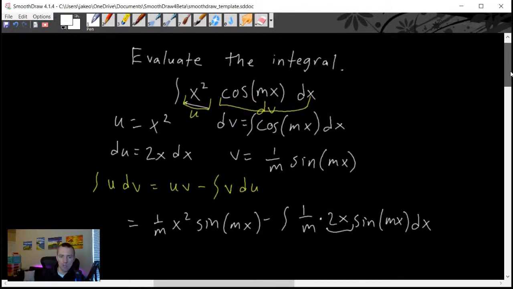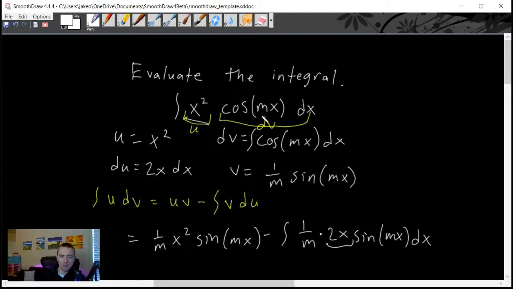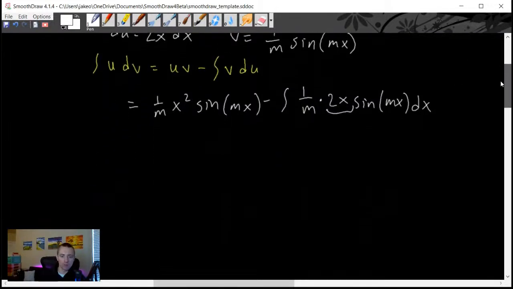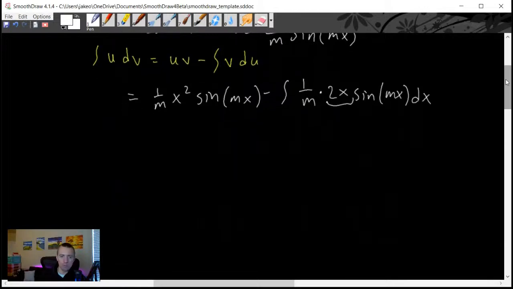So whether we had x squared times some trig function or x to the 100th power times some trig function, we could keep applying integration by parts, being sure to take the derivative of the x to the n power each time, and each time we'd get one iteration closer to an answer. Of course, that would be a long mess of a problem, but having just x squared is a little bit more manageable. But let's simplify this a bit, and then I'll show you what I mean.